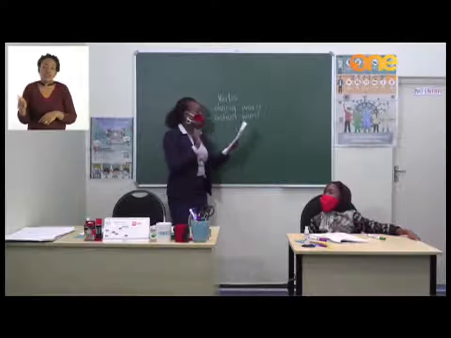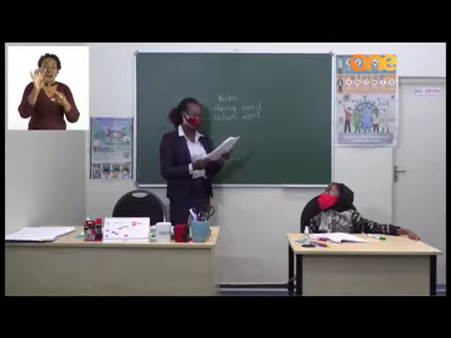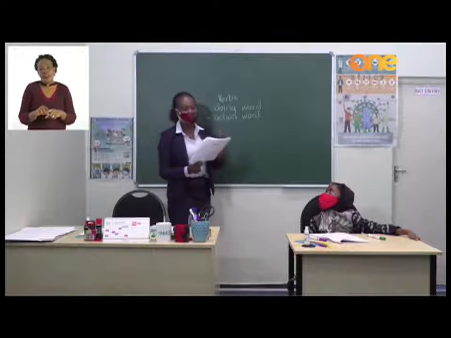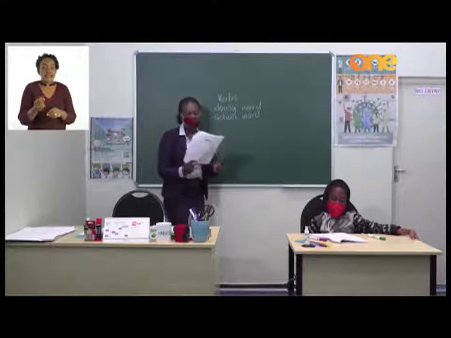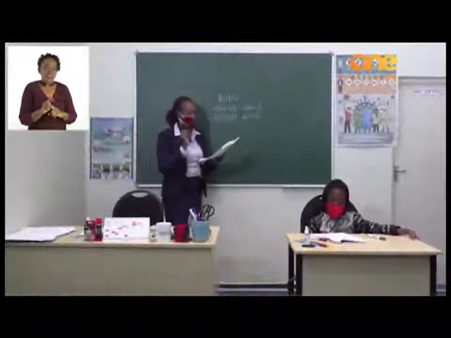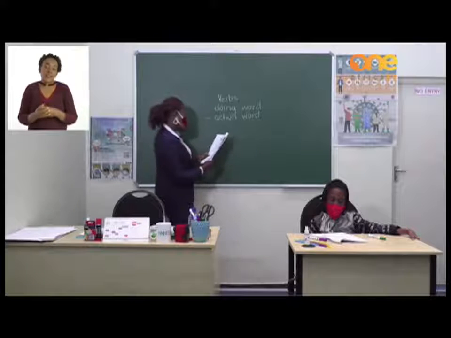So, you are going to choose a word to complete that sentence. I'll do it for you. Baruch has many pets. Then the next sentence, Edwina dash running at 6 a.m. What do we say? We say Edwina starts running at 6 a.m.